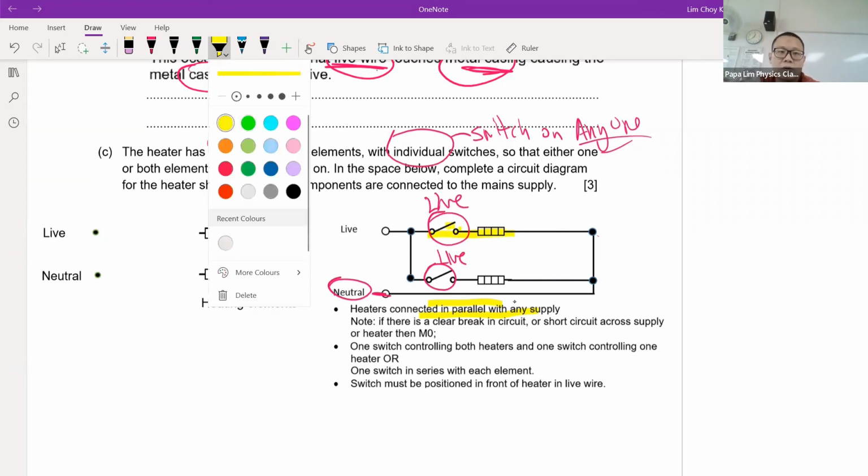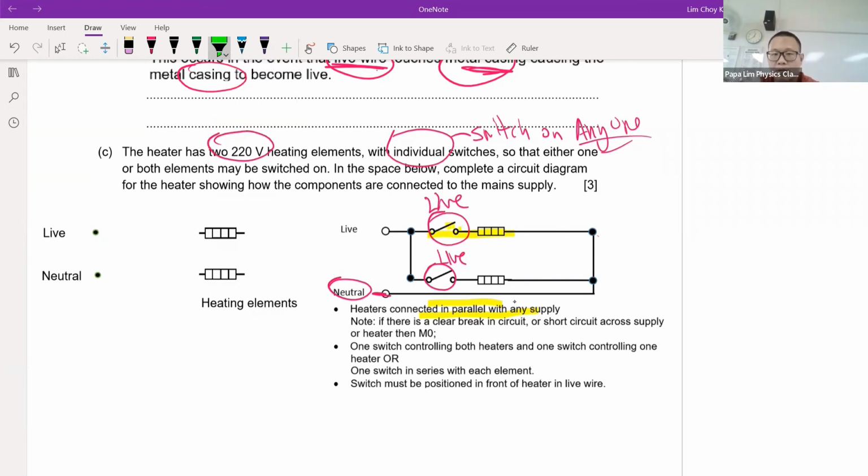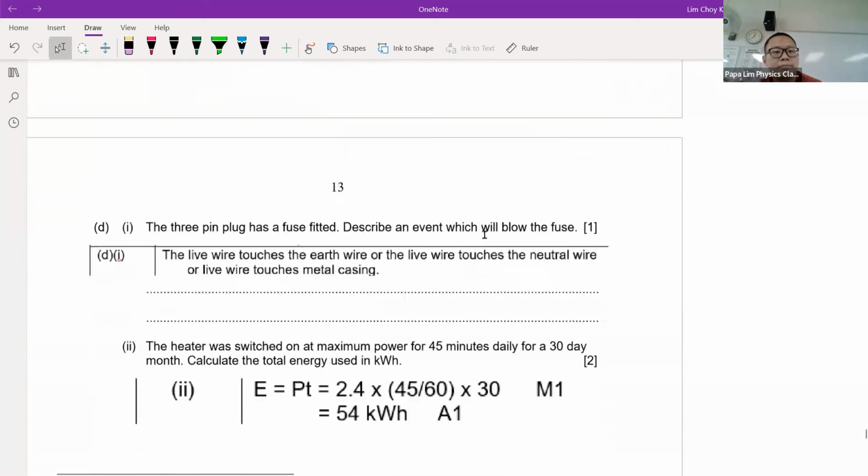If I want to switch on the heater on the bottom side, I will just activate the switch at the bottom. So they can be switched on individually. Individual switches mean parallel arrangement, and take note the switch has to be on the parallel wire, nearer to the parallel wire. So take note of the arrangement.